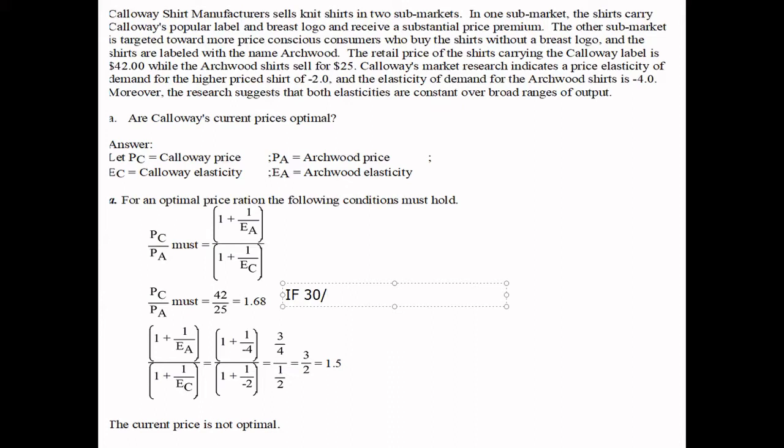So, 45 divided by 30, then it will be 1.5. Exactly. So here we will have the optimal level, but in this case, we don't have the same optimal prices, then it is not the optimal level. The current prices are not the optimal ones.